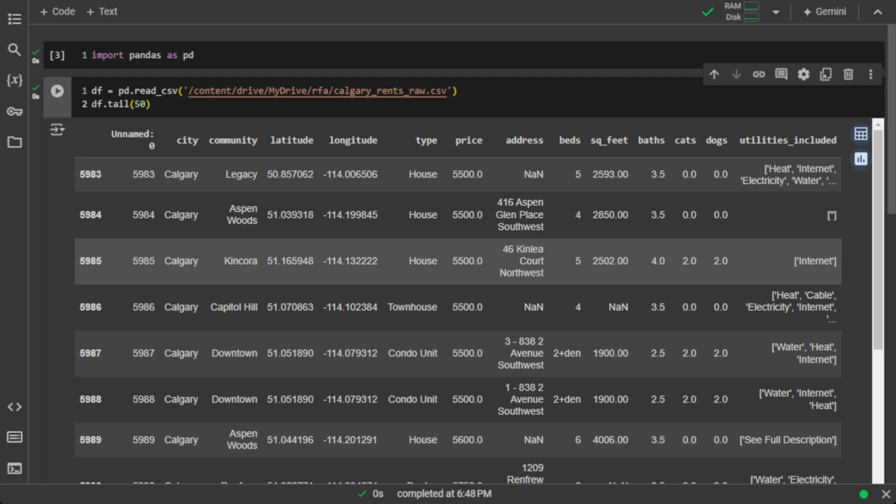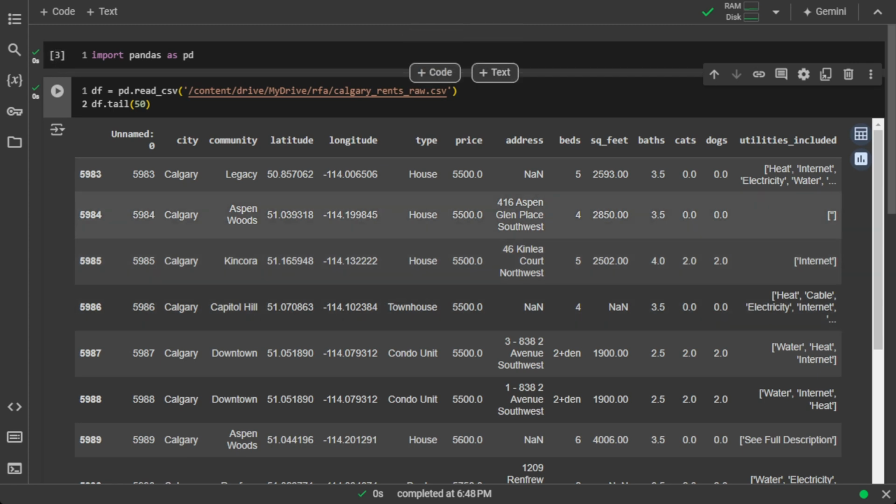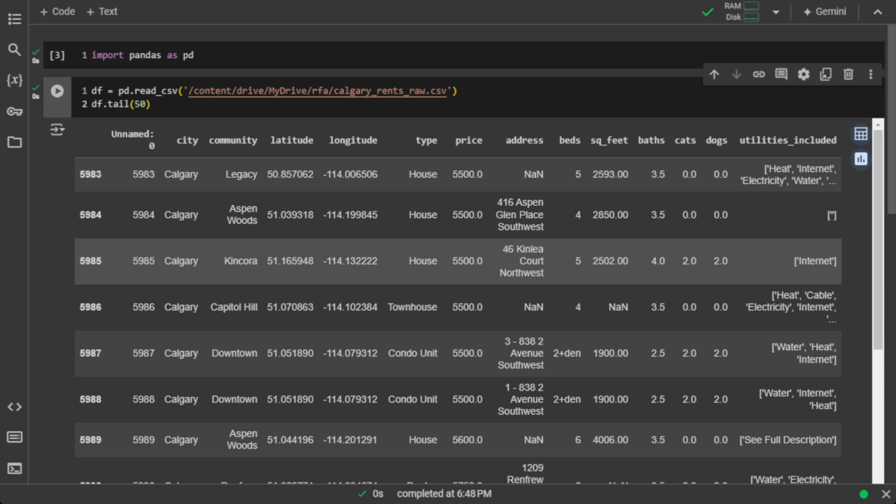Today we're gonna be looking at Groq versus Calgary rents. Now, what does that mean? Well, we're gonna be using AI to basically just look at a bunch of rental rate stuff and tell us what it thinks.